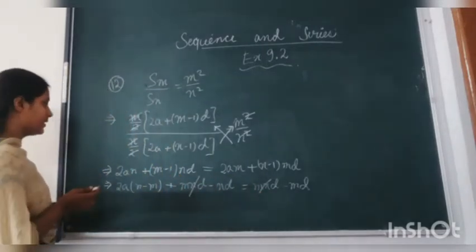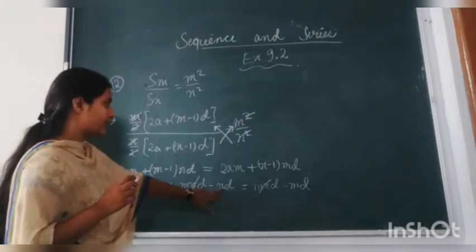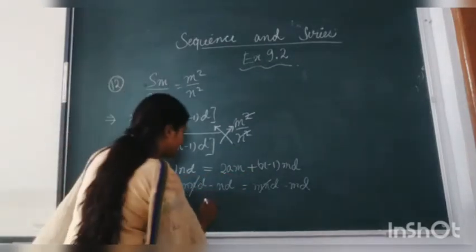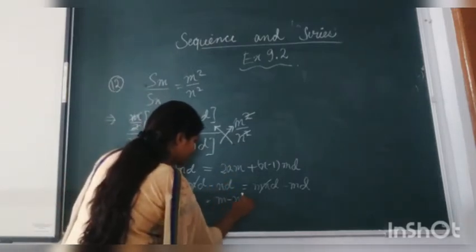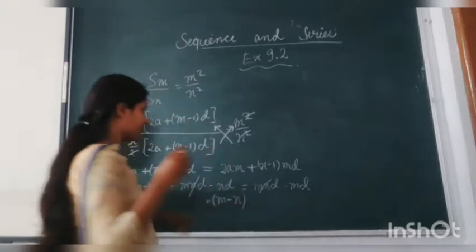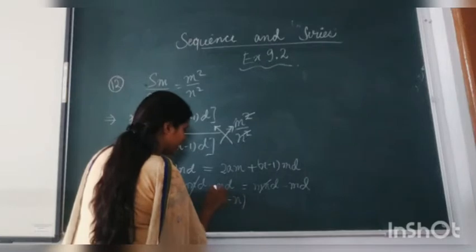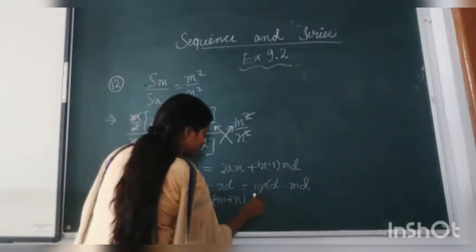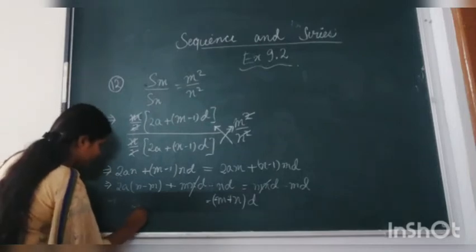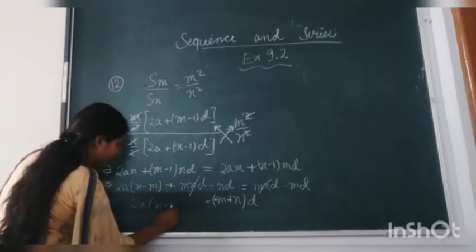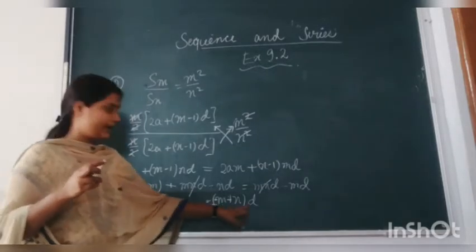That will be cancelled, and then what we have, see, this term, which is on the opposite side of the equals sign, what will it become? This is minus m, so it will become minus m, and this minus will become plus n into d. That is, 2a into m minus n is equal to n minus m into d.